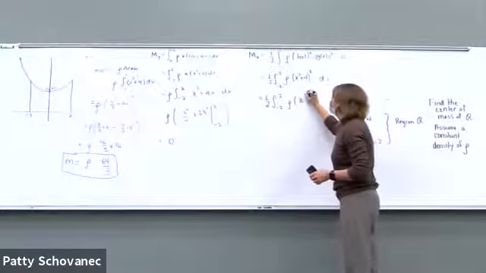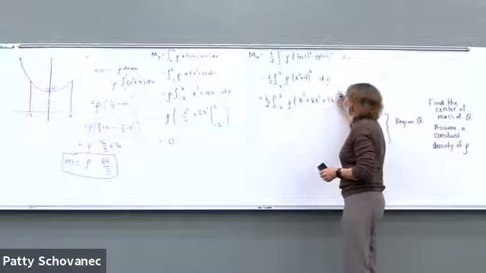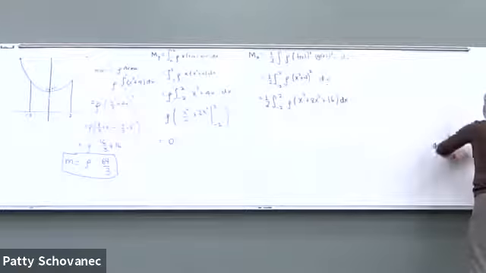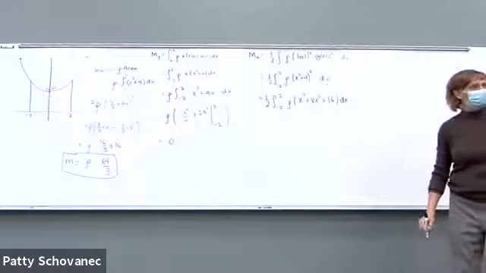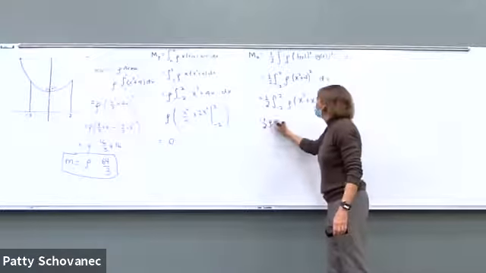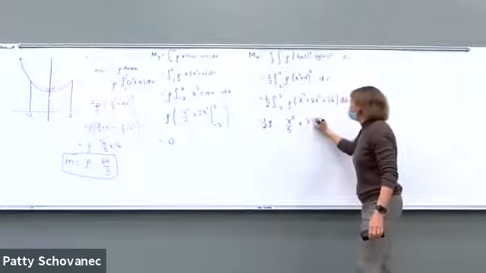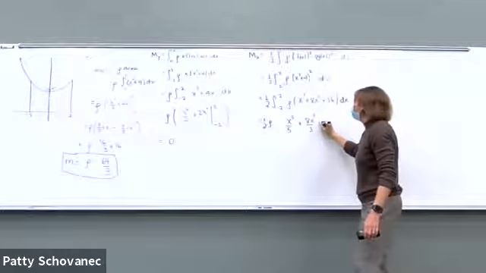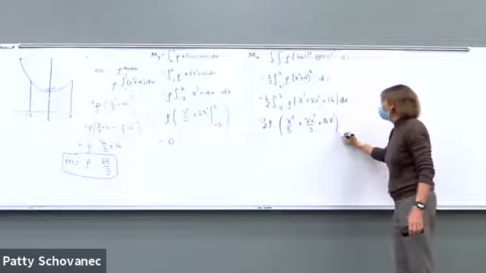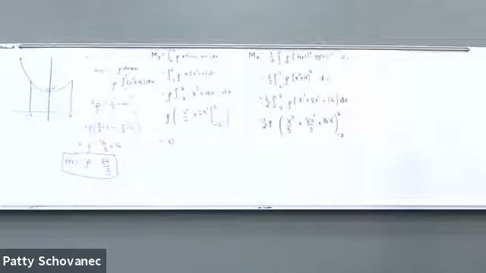I'll get x to the 4th plus 8x squared plus 16. Now integrate, I'm going to take the density out there with the 1/2. I'll get x to the 5th over 5 plus 8x cubed over 3 plus 16x. So notice that all my powers are odd. So that when I put a 2 in there and a -2 in there, I get the same number, but opposite in sign.